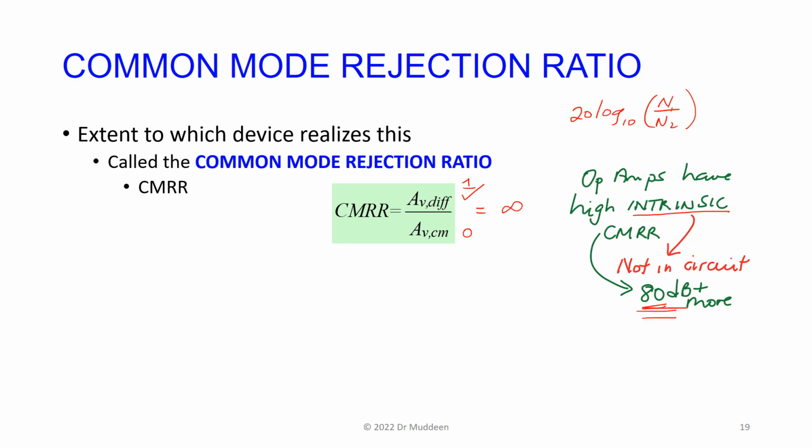So if you were to make a differential amplifier with resistors that were identically equal, the ratio between amplifying what you want and not amplifying what you don't want is going to be 80 decibels or more.